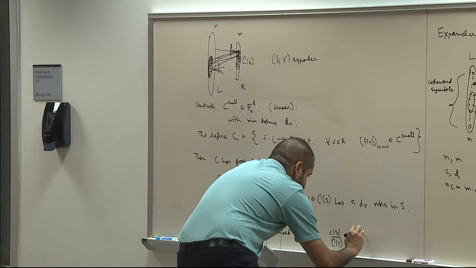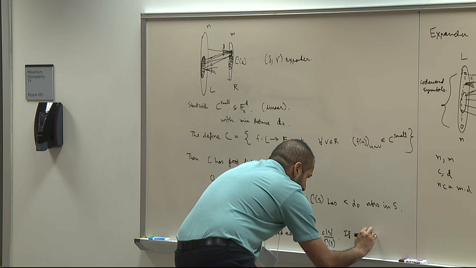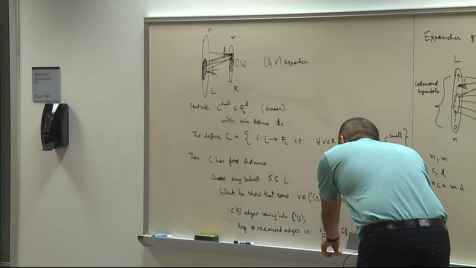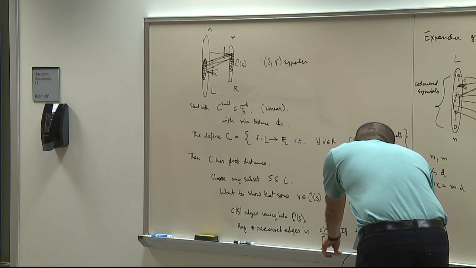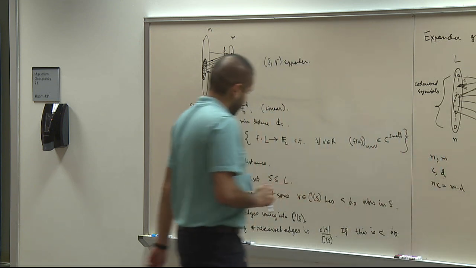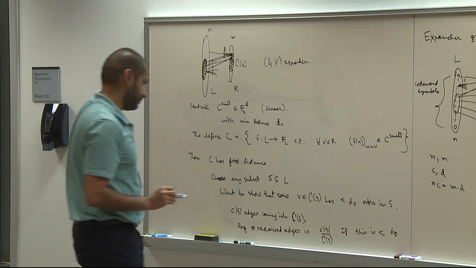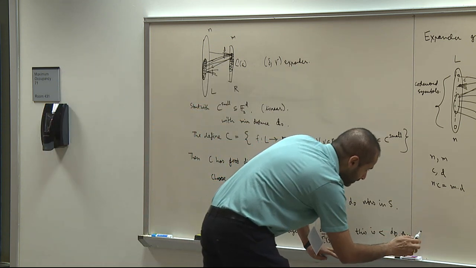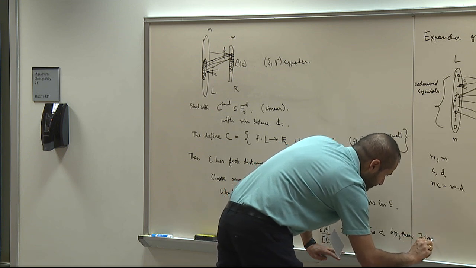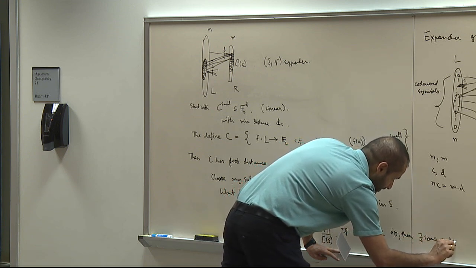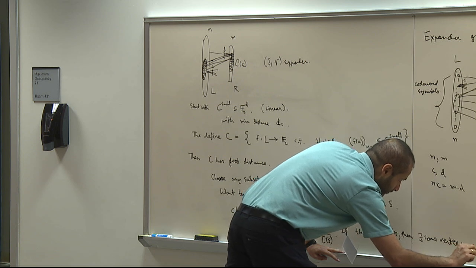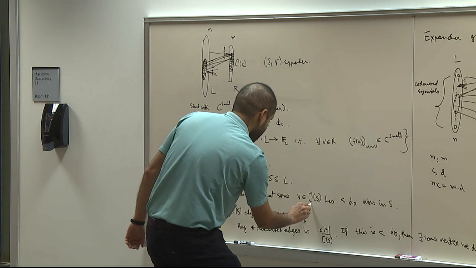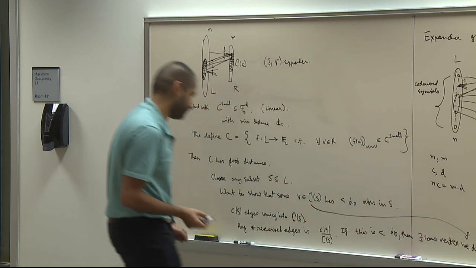So if this is less than d0, then we are happy. Then there exists some vertex we desire. That's the vertex we desire.